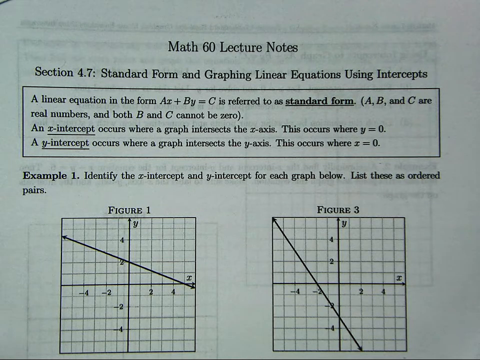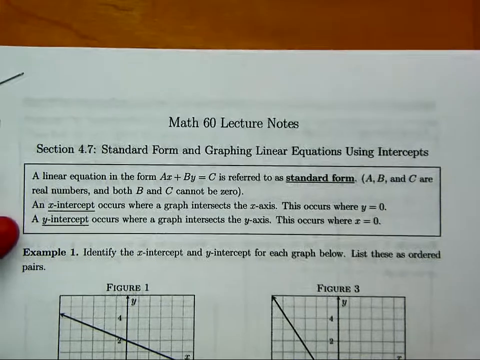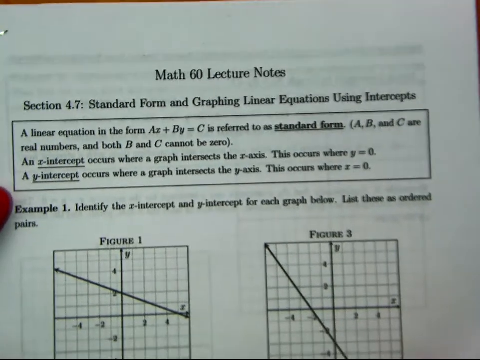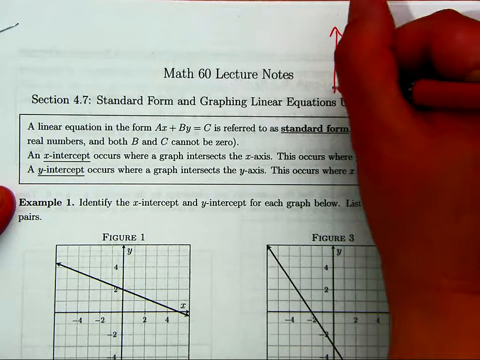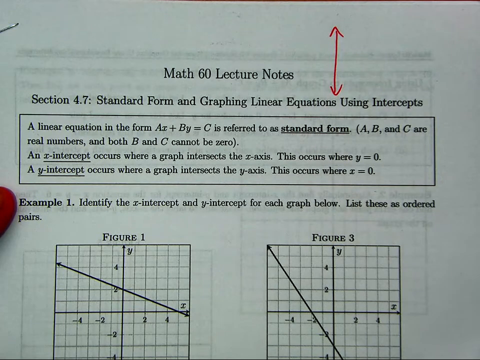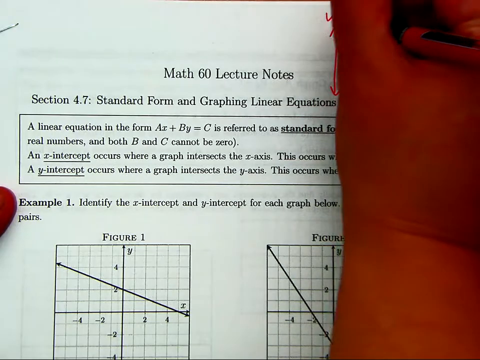Okay, so we're going to look at standard form and graphing with intercepts. Now, I've been emphasizing something really important to you guys, which is the idea of the X and Y axis, right? What axis is this one? The Y axis.